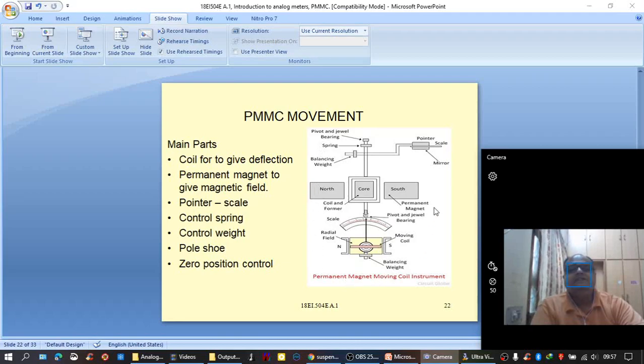And this is the diagram which is meant for drawing in the examinations. You can draw this diagram and explain the construction and working of the PMMC movement. It will be somewhat simpler to draw in the examinations. It will minimize the time for drawing.